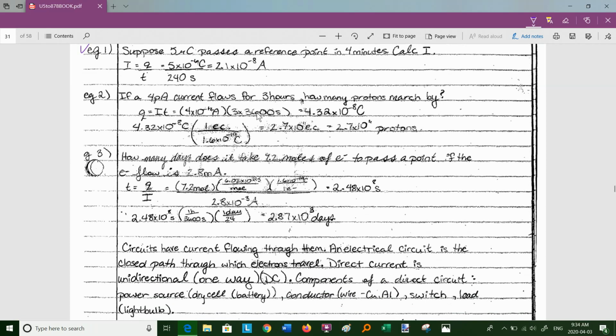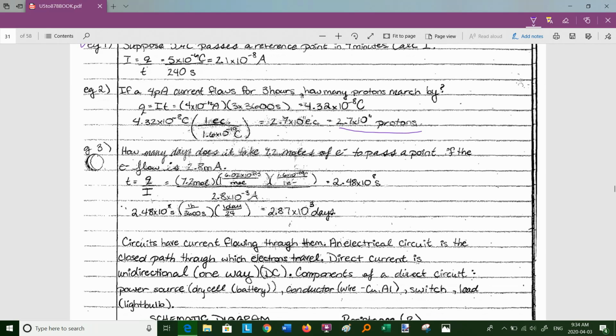Remember, an hour is 3,600 seconds, so 3 hours is 3 times 3,600 seconds, and you get 4.32 by 10 to the minus 8 coulombs. Then we can convert that into elementary charges. One elementary charge is 1.6 by 10 to the minus 19 coulombs, and you get 2.7 by 10 to the 11 elementary charges, which means 2.7 by 10 to the 11 protons. So that's another style of question.